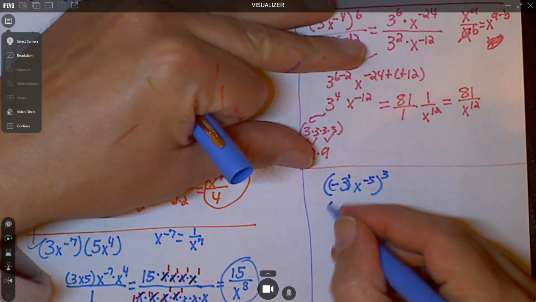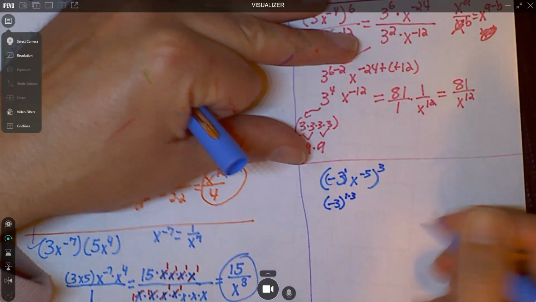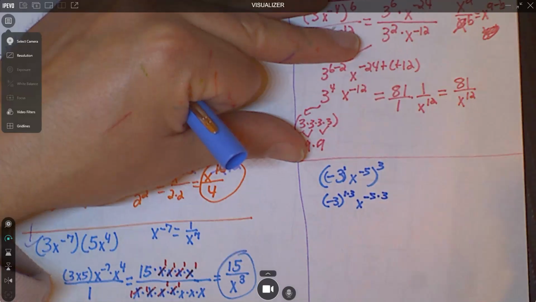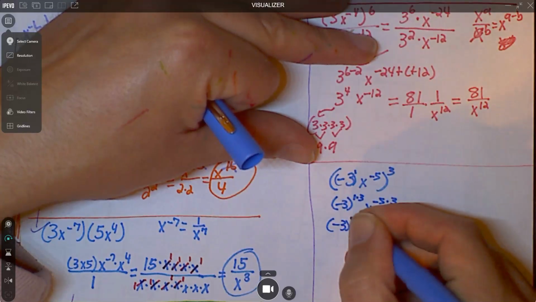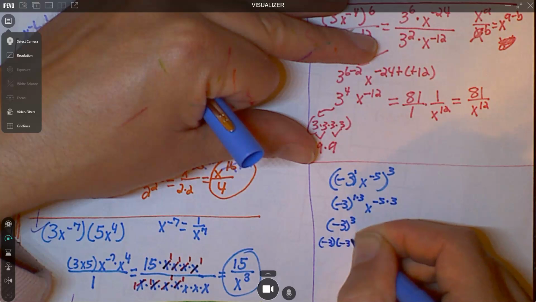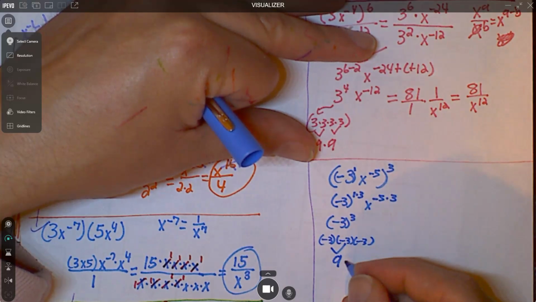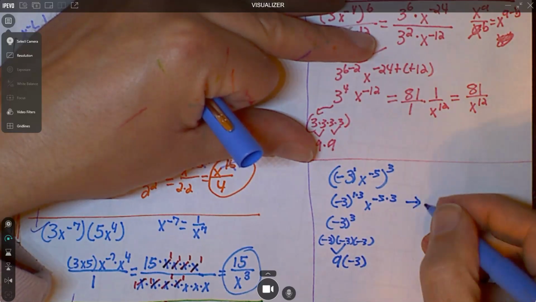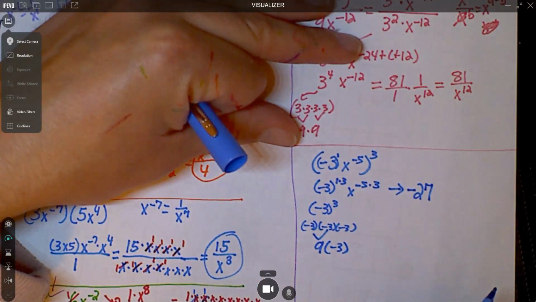So I got negative 3 to the 1 times 3, x to the negative 5 times 3. Okay, that's negative 3 to the 3rd. So negative 3 times negative 3 is 9 times negative 3. Negative 27 would be the big number.